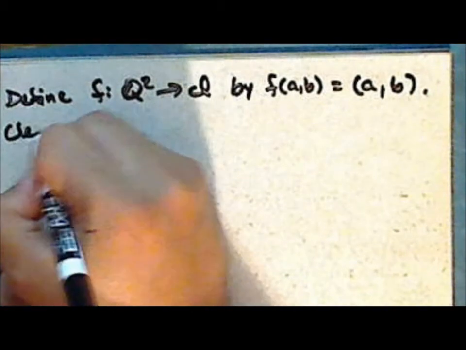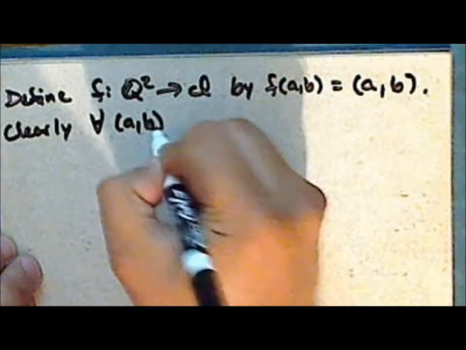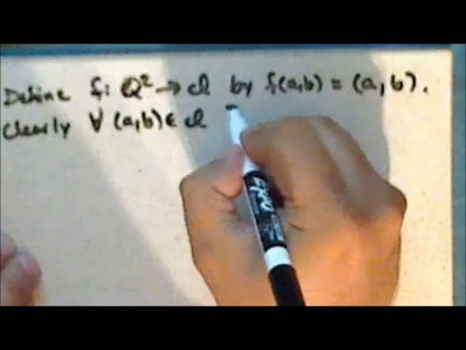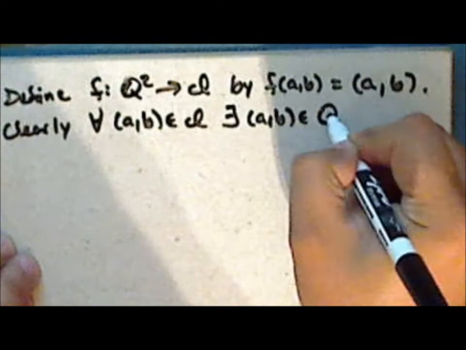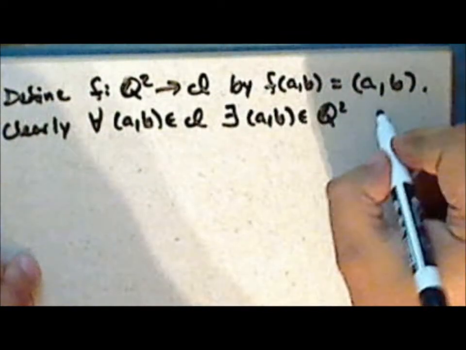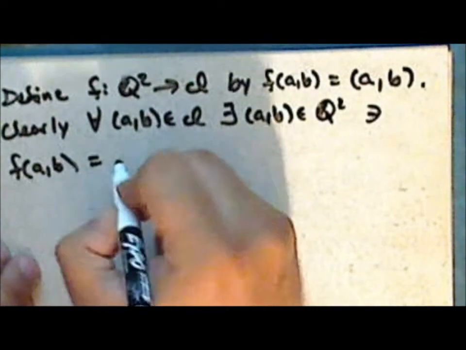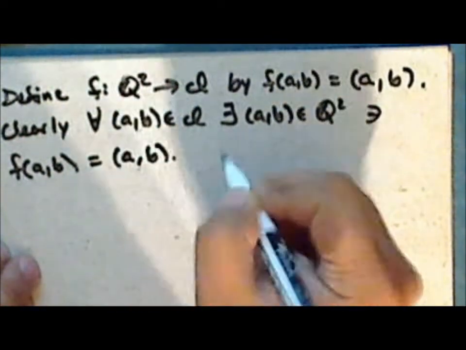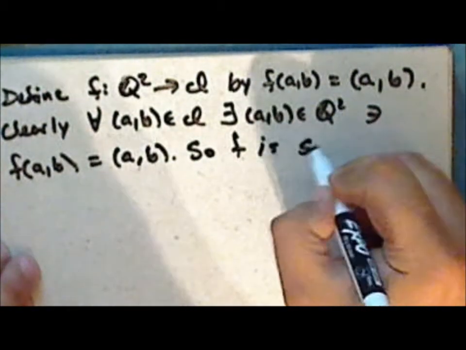Then clearly, for every open interval ab in the collection script I, there exists an ordered pair ab in the set of ordered pairs of rational numbers, such that f of ab is the open interval from a to b. So the function f is surjective.